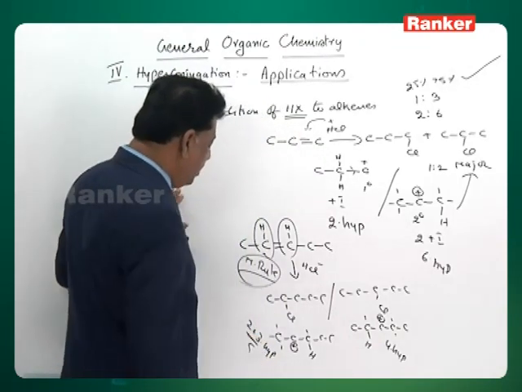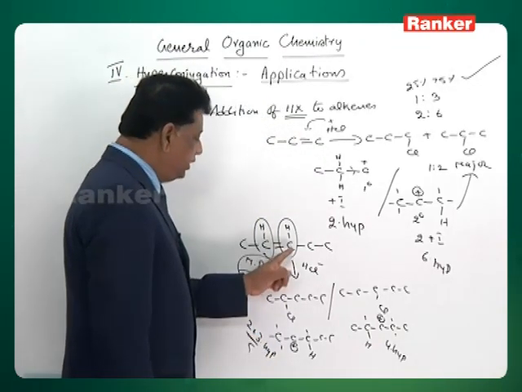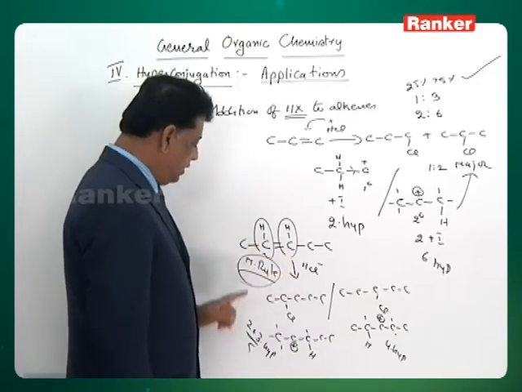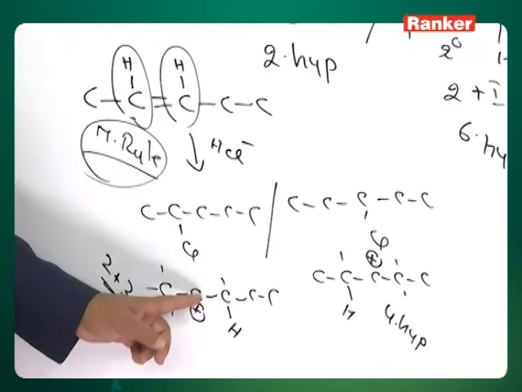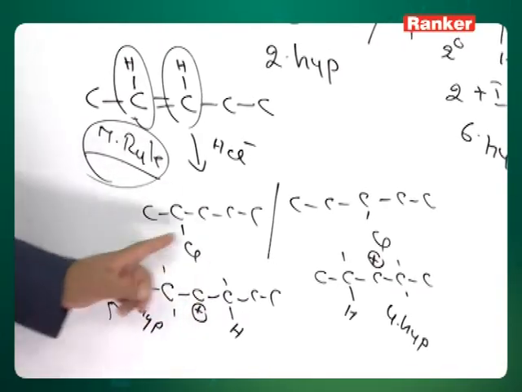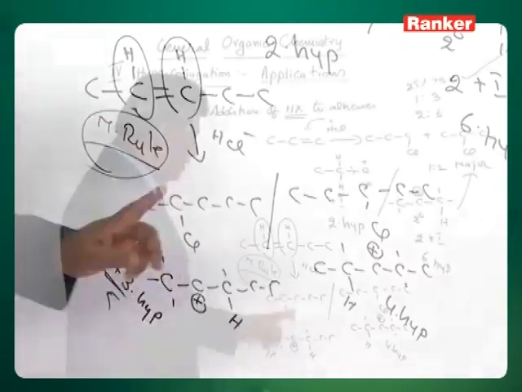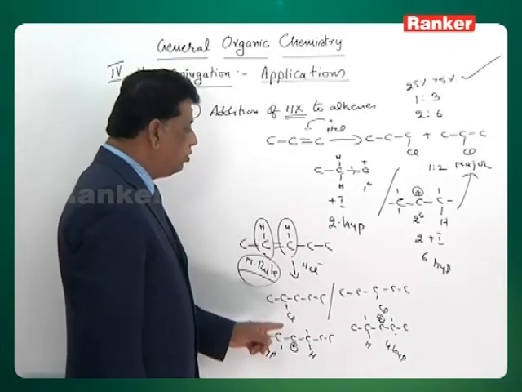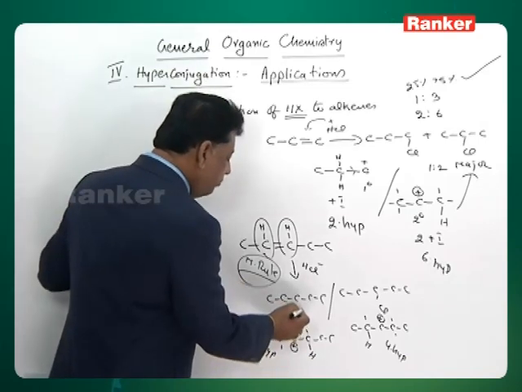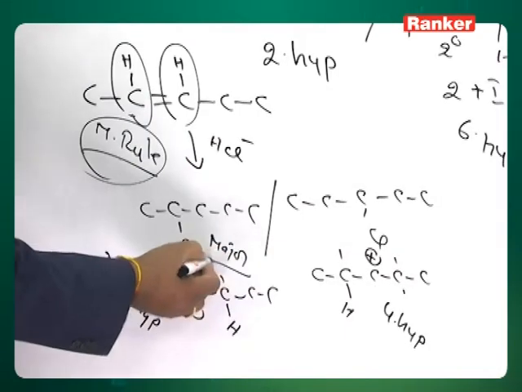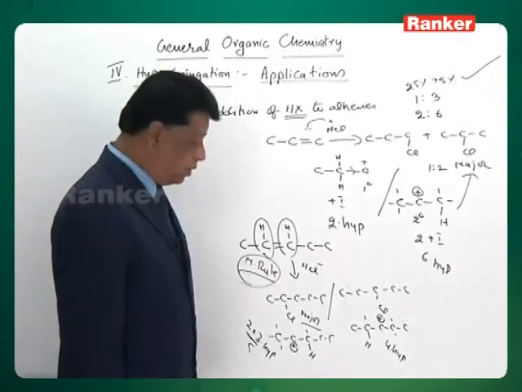So the hydrogen goes to the third carbon, so that both are 2 degree only, but the 2-pentyl carbocation has 5 hyperconjugations. Therefore, hydrogen will add that side, chlorine will add on the 2. So the 2-chloro will be the major one. This is what you can derive from the hyperconjugable hydrogens.